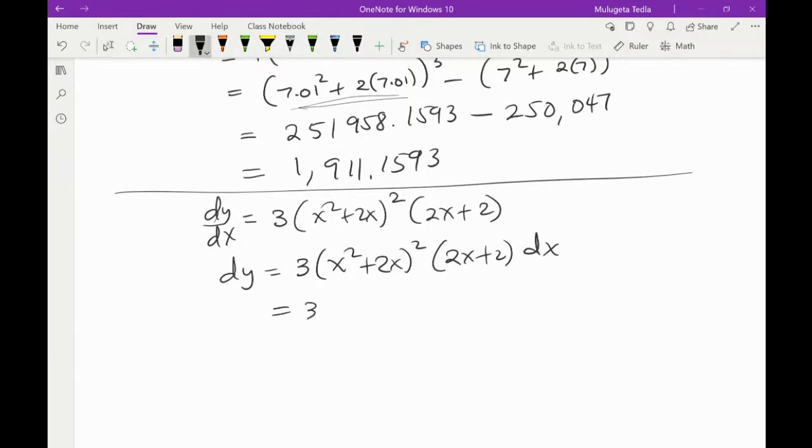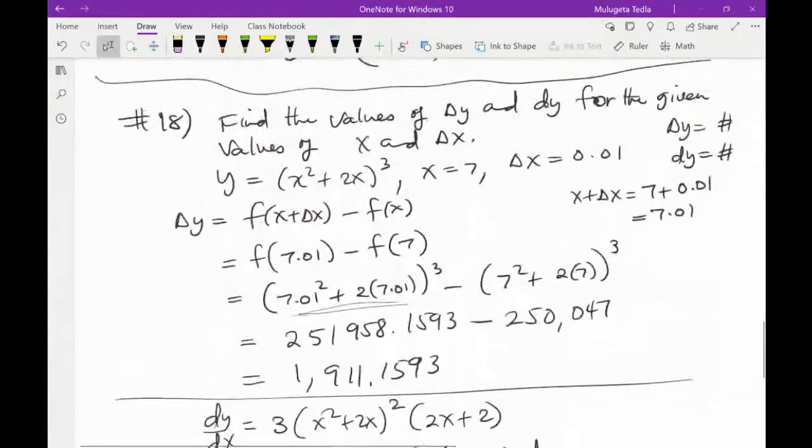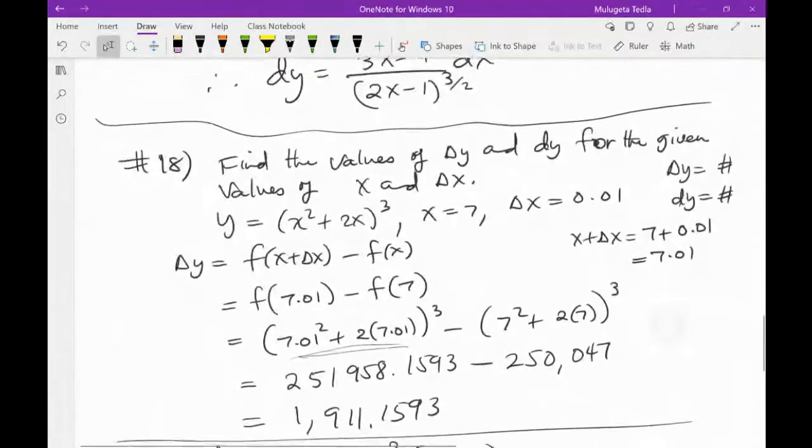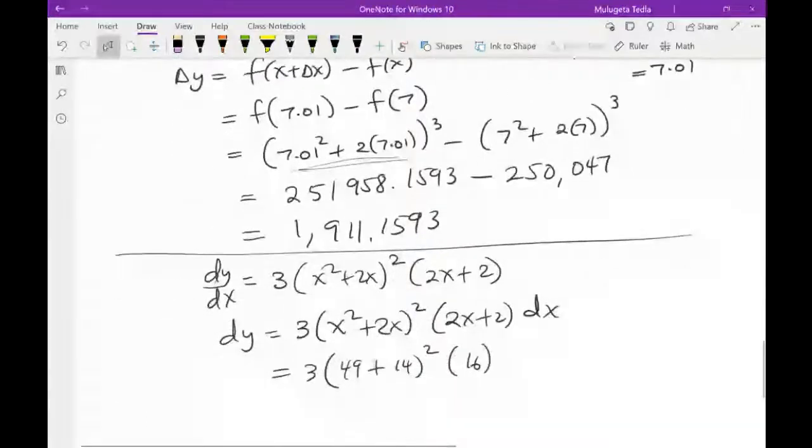So here, 3 times (7 squared plus 14) squared, times (14 plus 2), which is 16, times dx, which is 0.01.